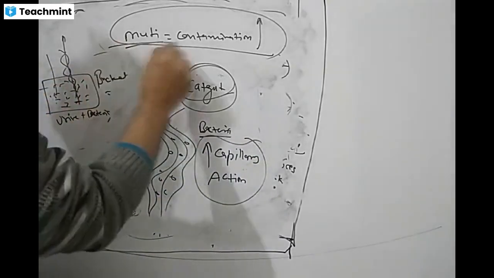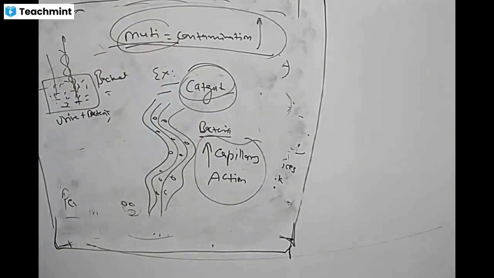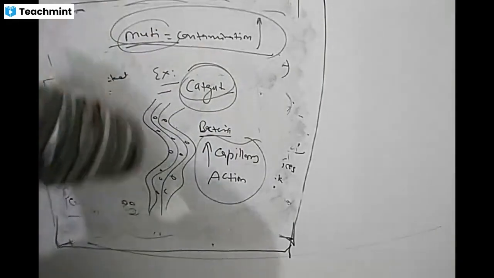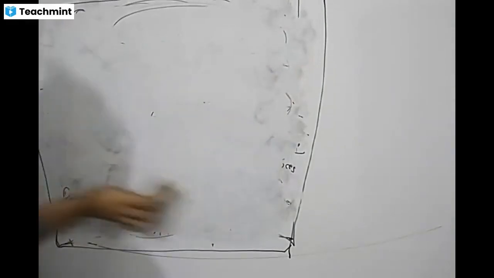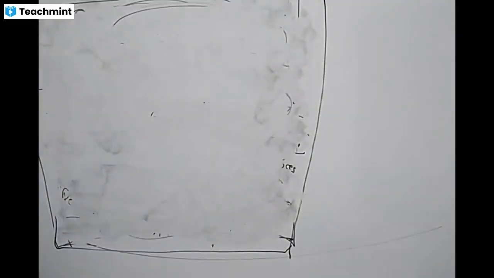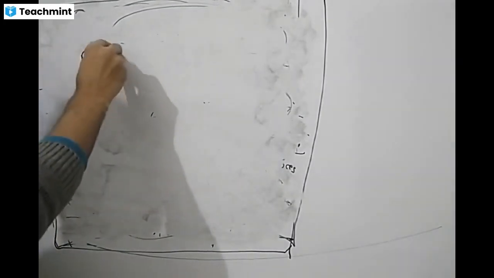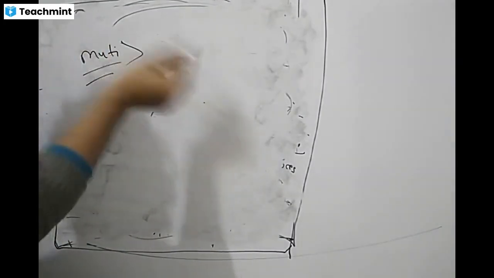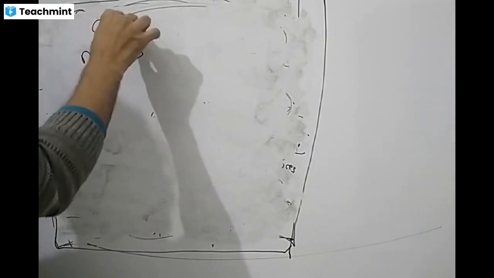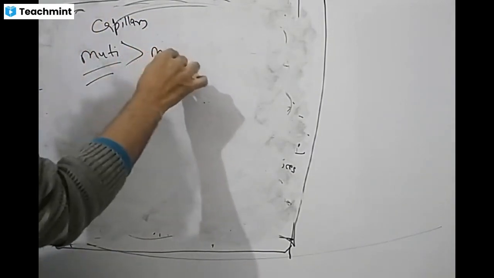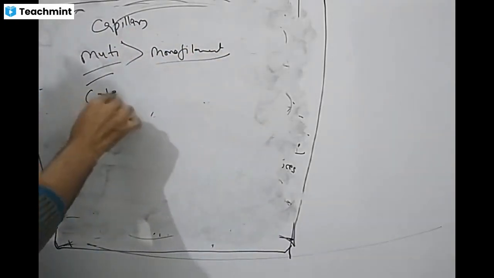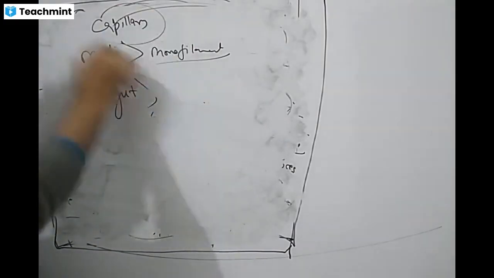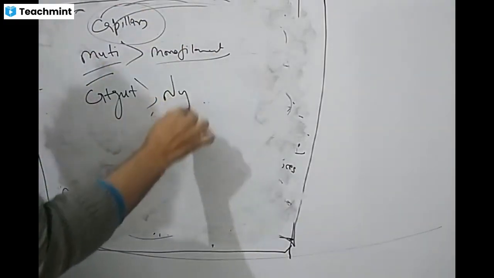So if you want to remember one example for capillary action, this is the catgut. And this is the disadvantage because the suture material we are using should be non-capillary in action. If you compare, multifilament has more capillary action than monofilament. It means your catgut has more capillary action than your nylon.